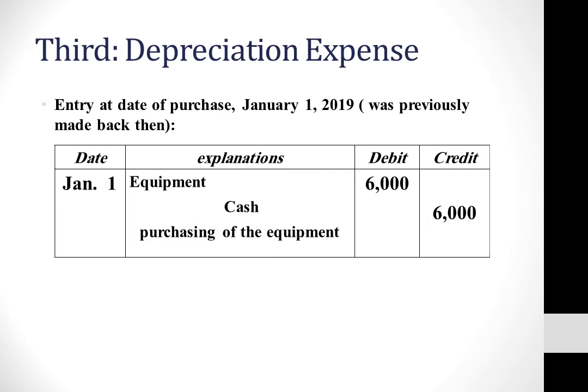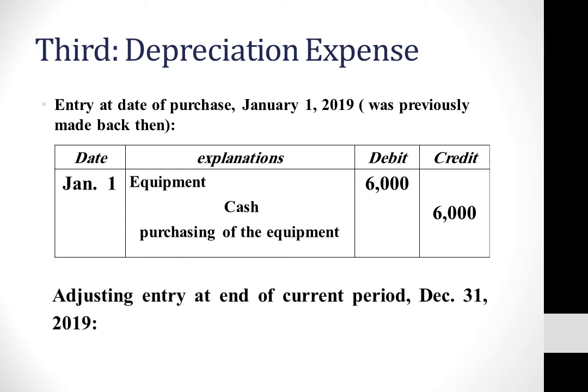On December 31, 2019, we will need an adjusting entry to tell us that there is an amount called depreciation expense equipment, which is the value that will be deducted from the value of the equipment.